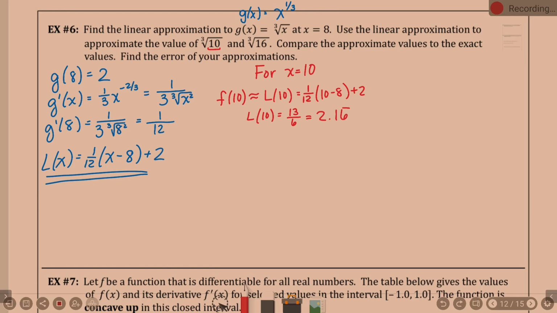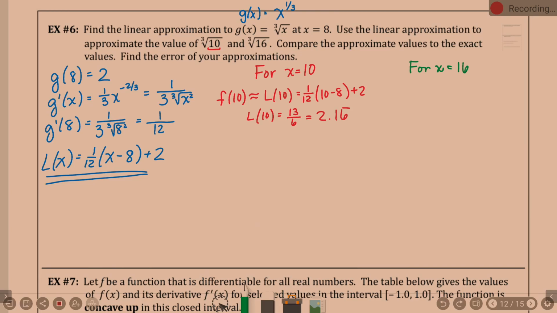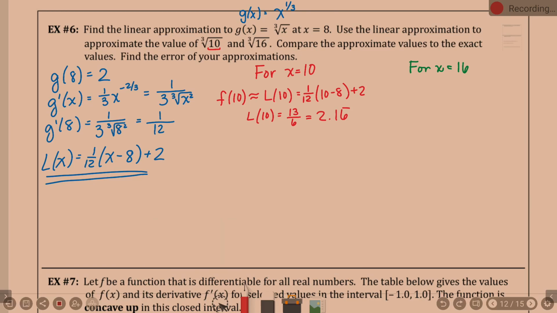Okay. What about for x equals 16? Or should we compare it to the exact value first? Oh, I was going to do that at the end. I'd rather do that before we get started on that one. So what they wanted was the error of our approximations.